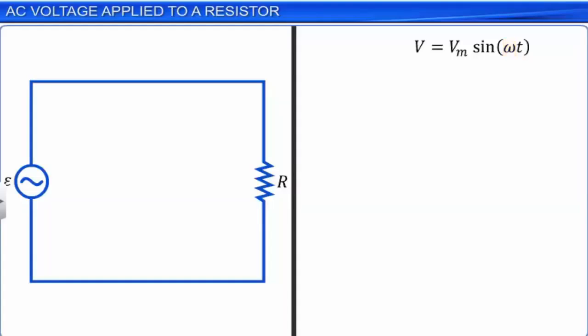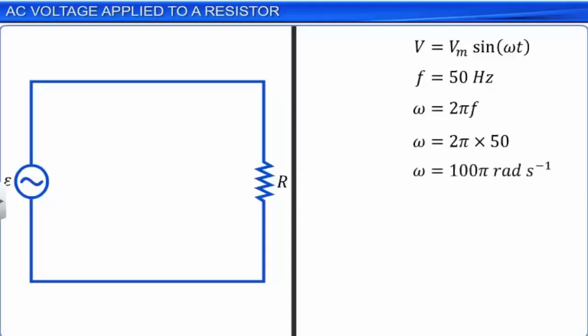Angular frequency ω should not be confused with frequency. For example, the AC voltage supplied to our households has a frequency of 50 Hz. This means the angular frequency is 100π radians per second.